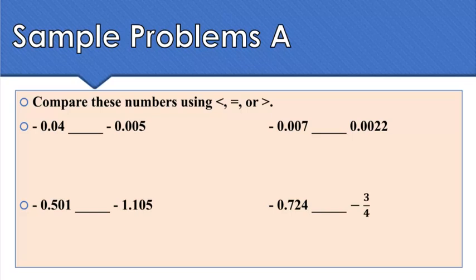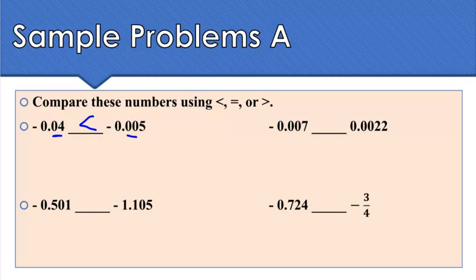Next, compare these. We've got negative 0.04 and negative 0.005. Now the one that's closer to 0 is actually the one on the right, negative 0.005. Because again, we can just compare the two decimals here. We have 0.04 and 0.005.